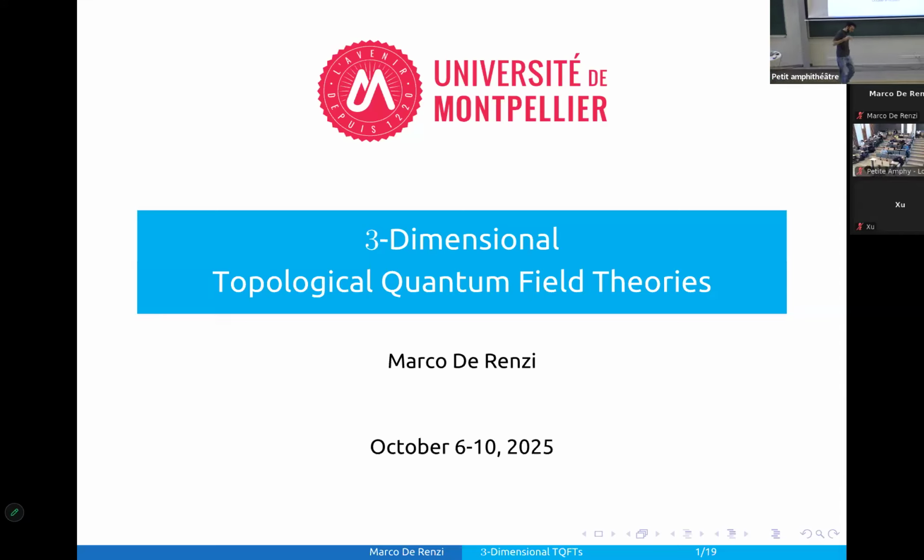But today I will mainly discuss one specific version of a three-dimensional TQFT, which is the building block for the whole construction. This is a functor defined on a certain strange category of connected cobordisms between connected surfaces with connected boundary.